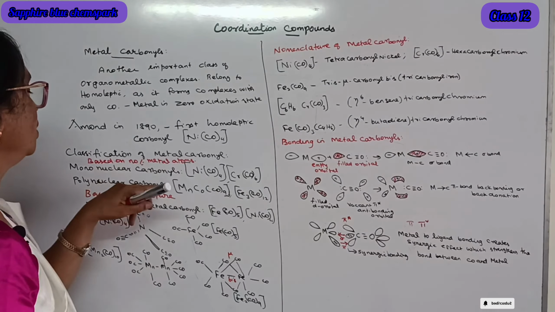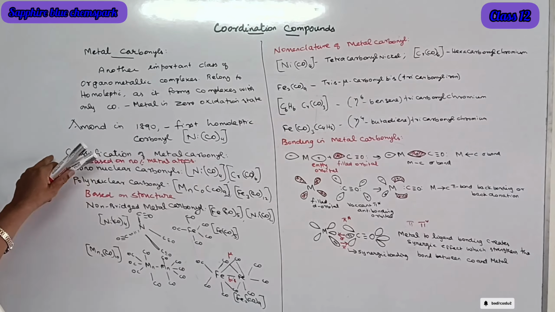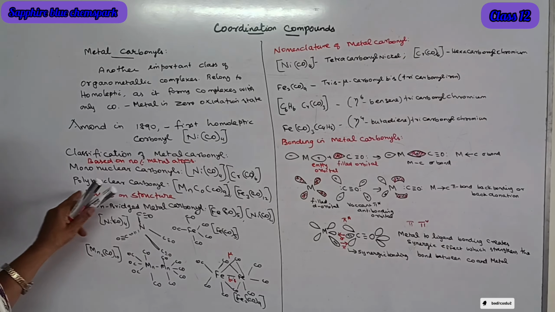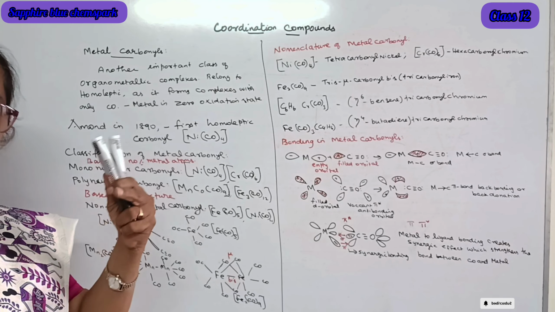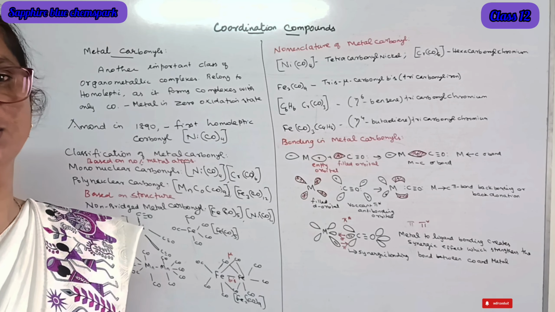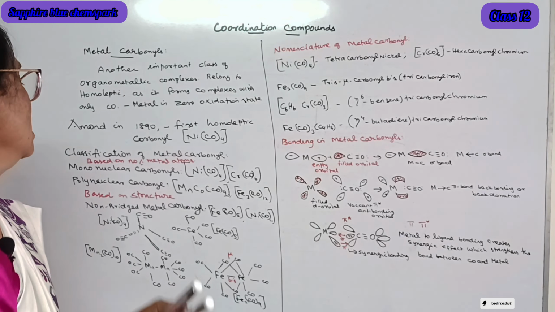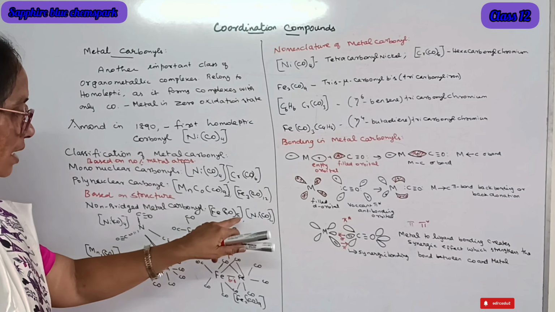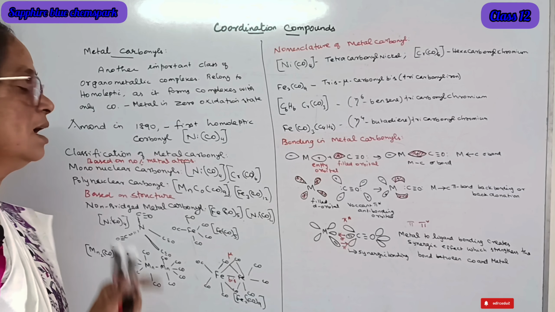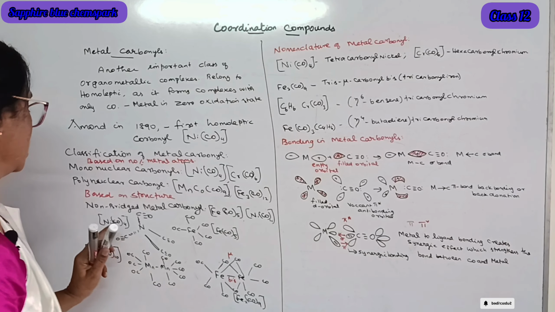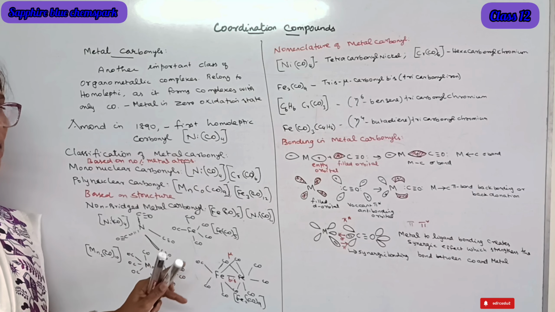The next one, the classification of metal carbonyls based on structure. They can have either a bridging unit of carbonyl group or non-bridging carbonyl complexes. Suppose I have pentacarbonyl iron or tetracarbonyl nickel, they can be drawn without any bridging unit, with all the carbonyl groups lying on its plane.